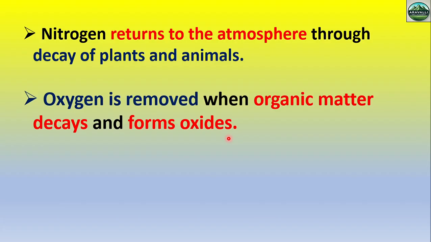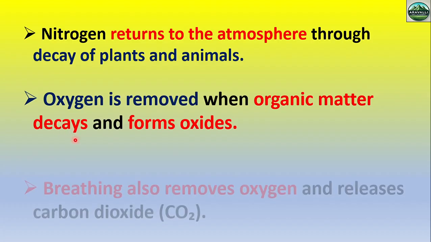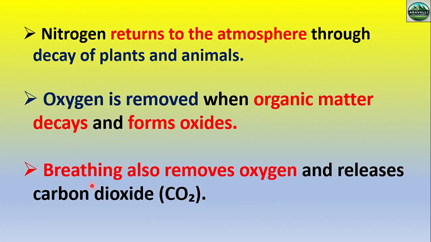Breathing also removes oxygen, because through breathing we use oxygen, so oxygen is continuously removed from the atmosphere while we add carbon dioxide. So remember the removal processes of oxygen from the atmosphere: organic decay as well as the breathing process.